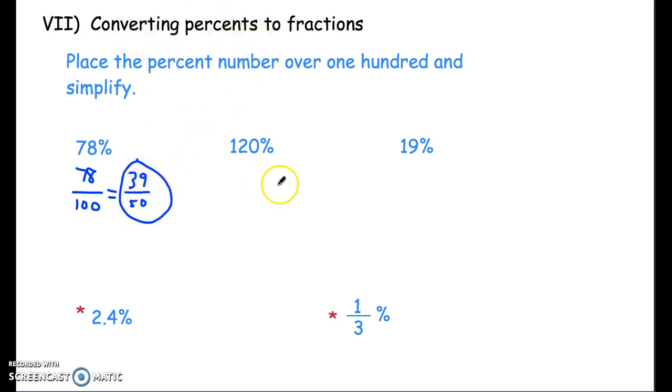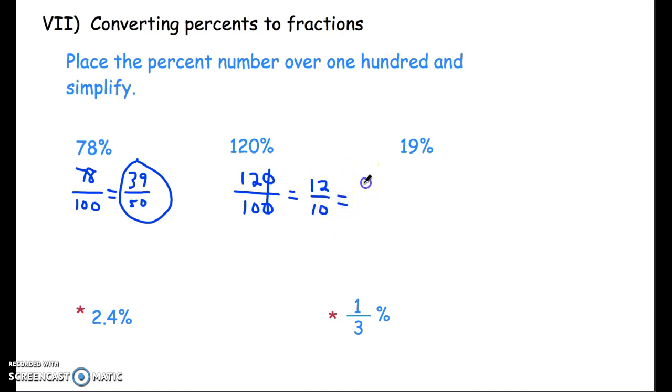Percent to fraction. For 120%, 120 percent. Right? Now we can simplify that by just taking out the zeros. So that goes to 12 over 10. And then we say, well, 12 over 10, I can take a 2 out of both of those.